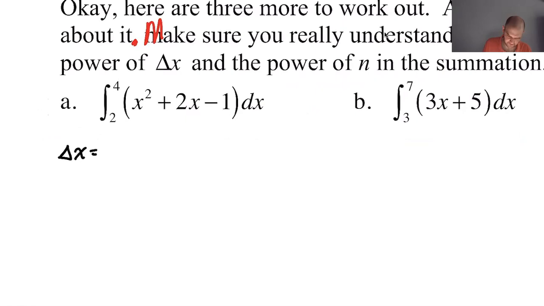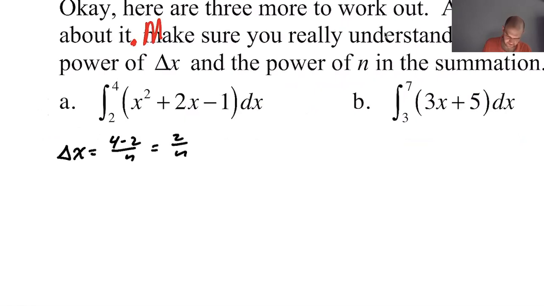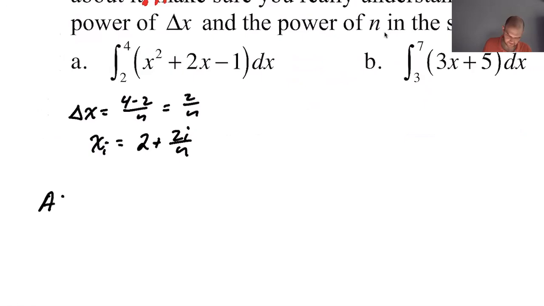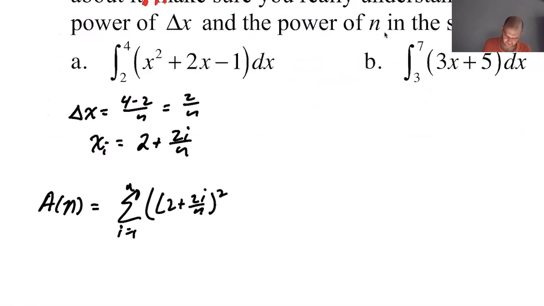Delta x, first step. 4 minus 2 over n is 2 over n, x sub i is 2 plus 2i over n. So we are doing a of n, the sum from 1 to n of, okay, so it's x sub i, 2 plus 2i over n squared plus 2 times, nope, 2 plus, there's too many 2's, minus 1.